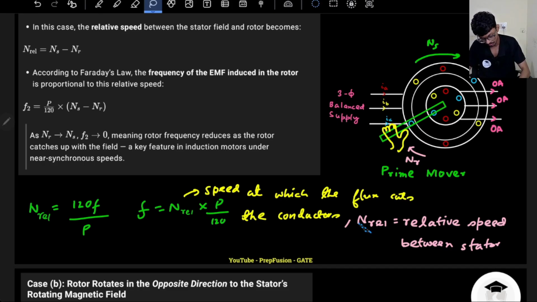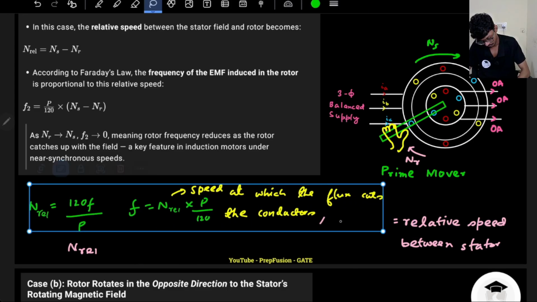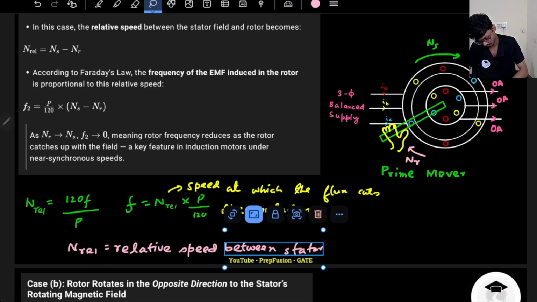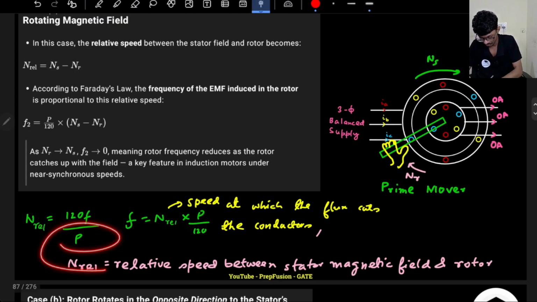I will write this in the bottom. So this is the important formula, and that's how it came.